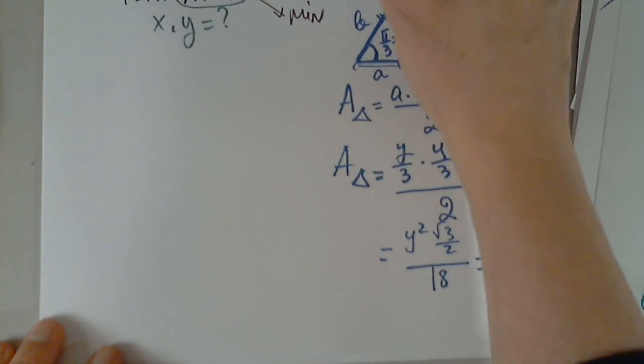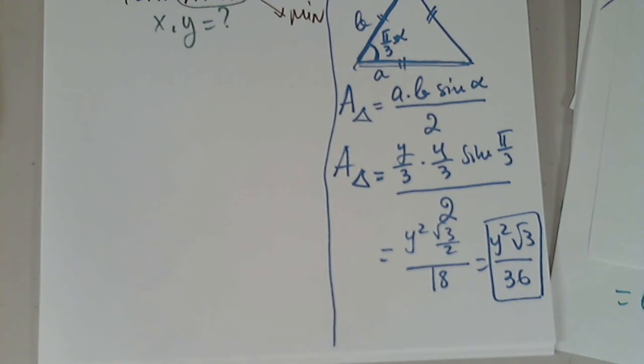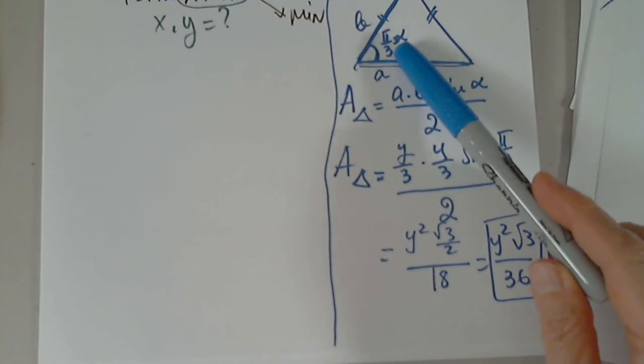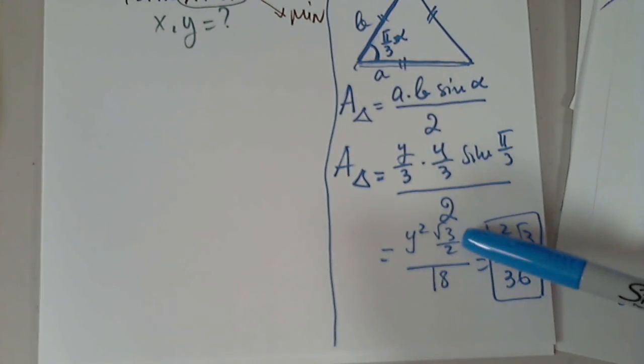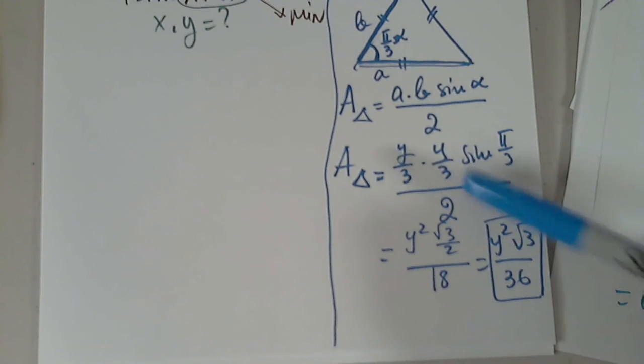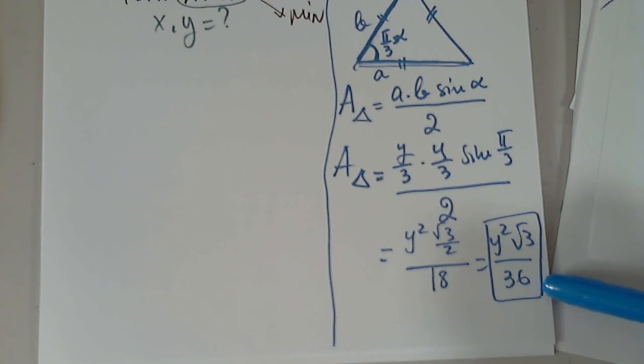So I needed to calculate this with you on the side so we understand where we're coming from. So y over 3 times y over 3 times sine pi over 3, which is the square root of 3 over 2. So this is y squared over 9 times 2 is 18, times 2 is 36.